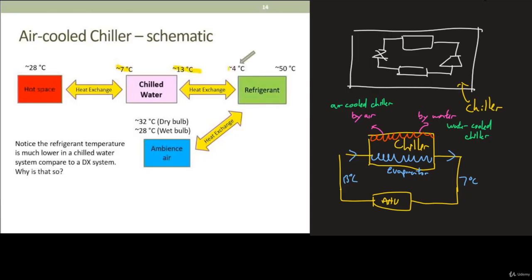Just now you noticed that for the DX system, the temperature is around 10 degrees Celsius. But if you are using a chiller, the refrigerant must be around maybe 4 or 5 degrees Celsius in order to supply water of 7 degrees Celsius. That is the reason why the refrigerant temperature is much lower, because you have an additional loop.